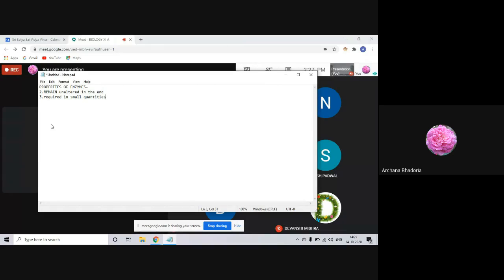Now change the paragraph, everyone, and write down that it has been estimated that a single enzyme can act upon 5 lakh substrate molecules per minute.